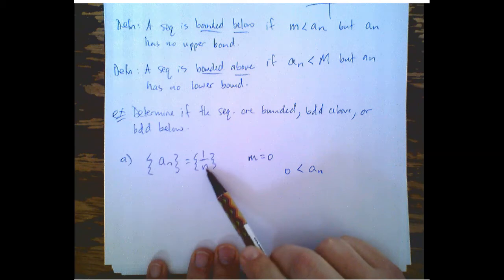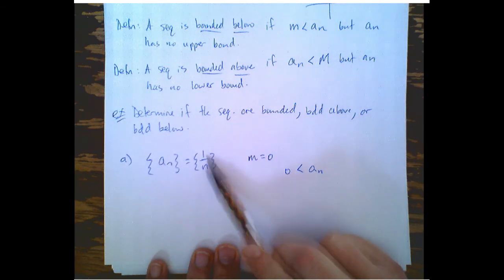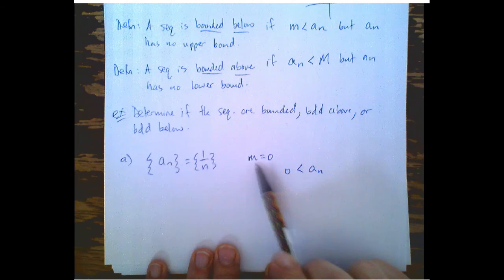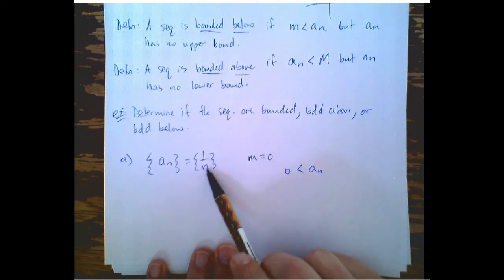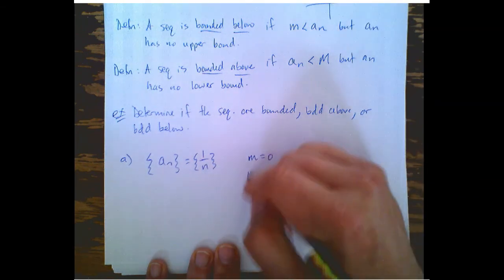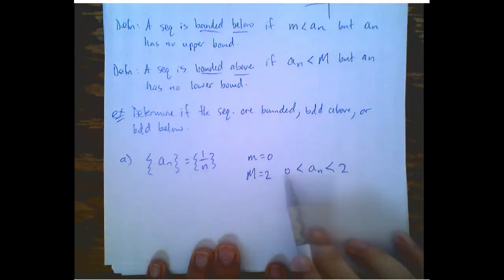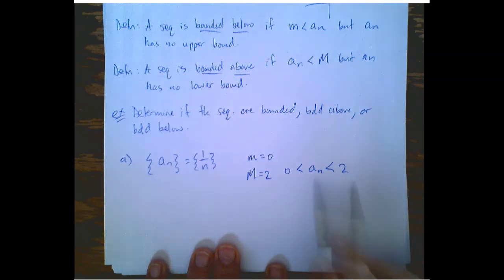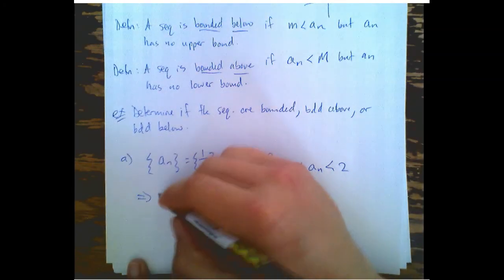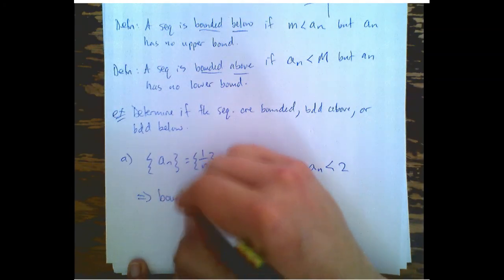That happens when n is 1. When n is 2, it's a half. When n is 3, it's a third. So it's just a decreasing sequence. It decreases towards 0 here. But the biggest number it can possibly be is 1. So an upper bound here would be 2. As long as we can find 2 values such that all the terms are in between, we say that this sequence is bounded.